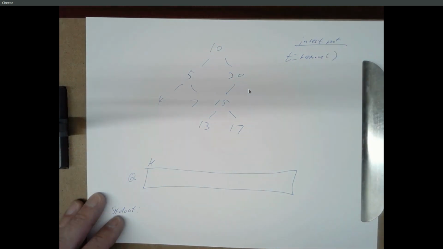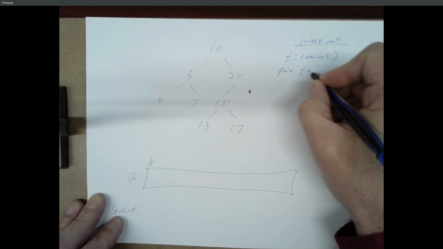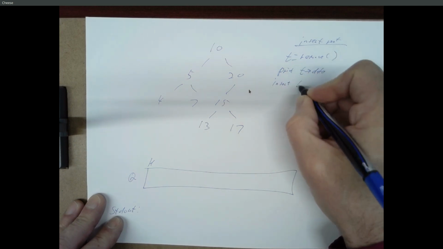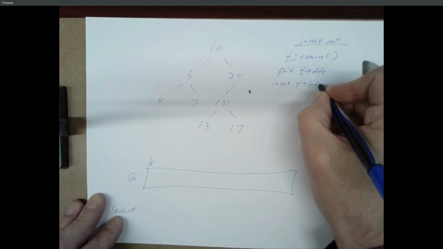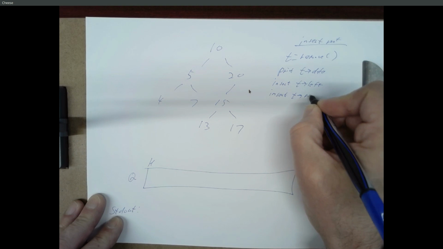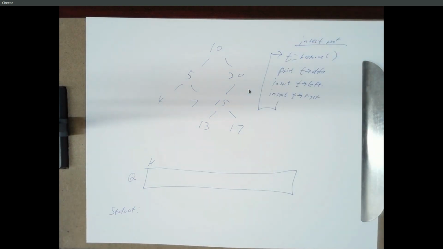Remove whatever's at the head of the queue, let's call that T. Print T's data. And then insert T left and insert T right. And go back up to the top of the loop.